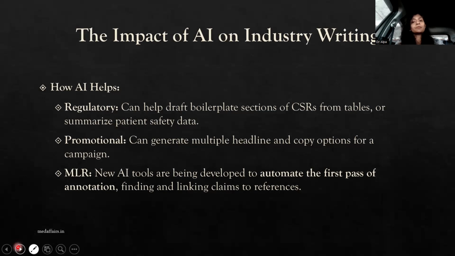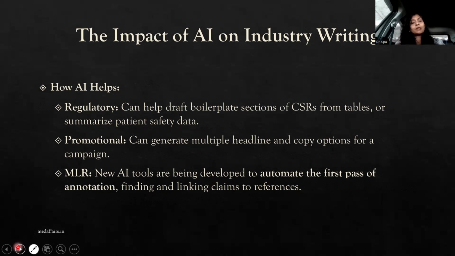It can help draft boilerplate sections of CSRs from tables or summarize patient safety data. Boilerplate as in the fixed document sections which have a fixed template. So therein AI can certainly help you. Likewise, it can generate multiple headline and copy options, out of which you can pick one.